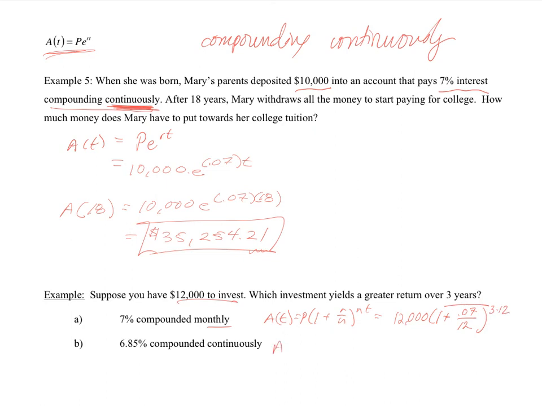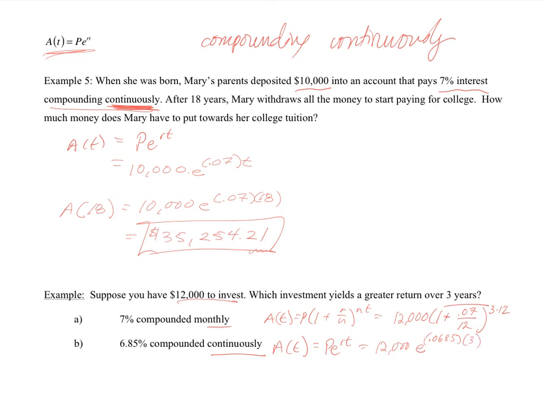Or if we had the same amount of money compounded continuously at a different rate. So again, since it's compounded continuously, we'd use the PERT formula. $12,000 is your initial amount times e to the rate, in this case 0.0685, times the same amount of time, 3 years.